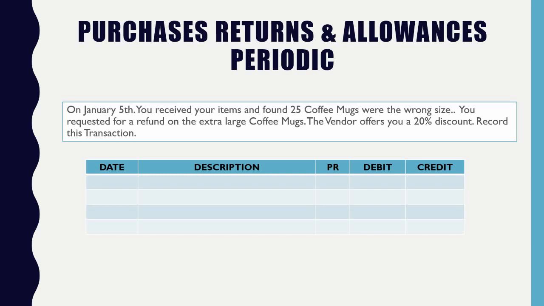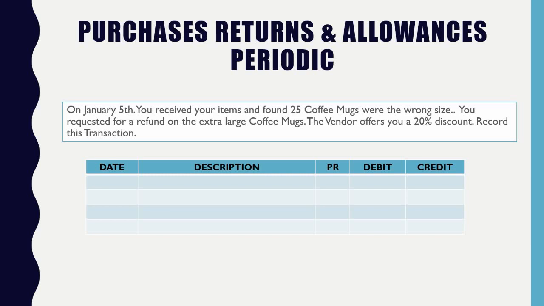Here, you received your inventory items and found that 25 of the cups were the wrong size, okay? So you requested a full refund on these extra large coffee mugs. However, the great thing about the vendor and customer relationship is that you can actually haggle or make deals with a vendor.